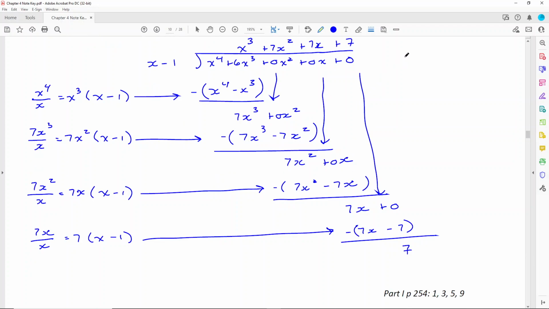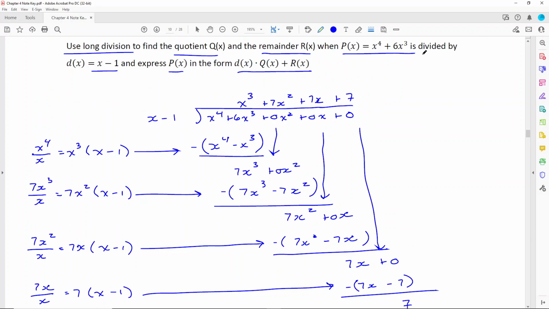What do they want to know? They want to know the quotient. So the quotient is x cubed plus 7x squared plus 7x plus 7. The remainder is 7.